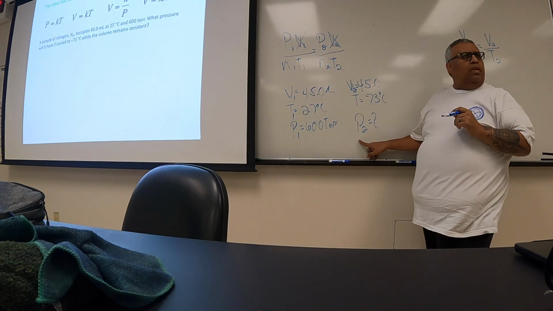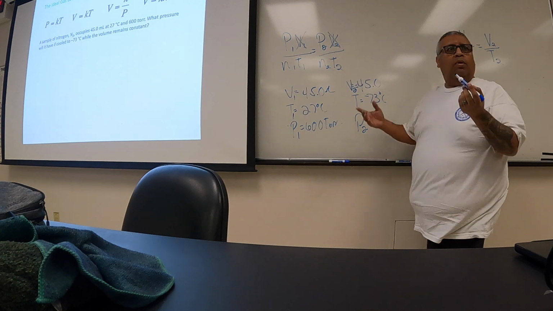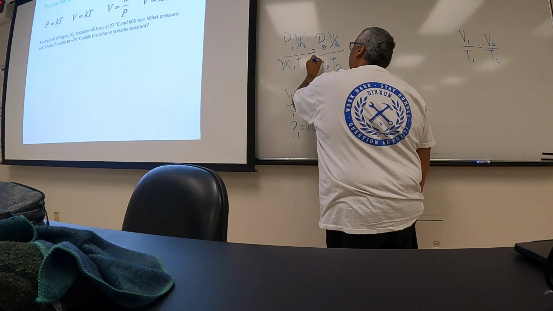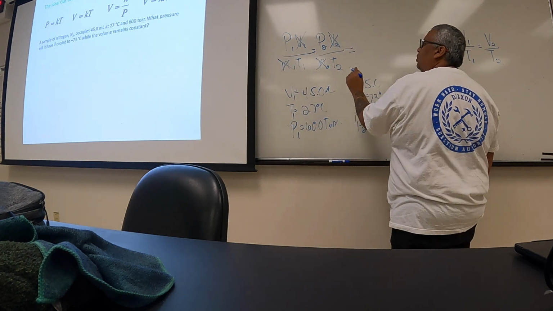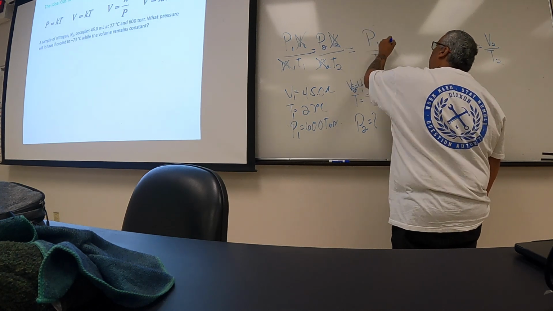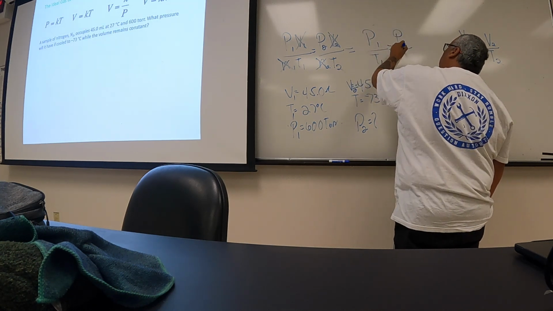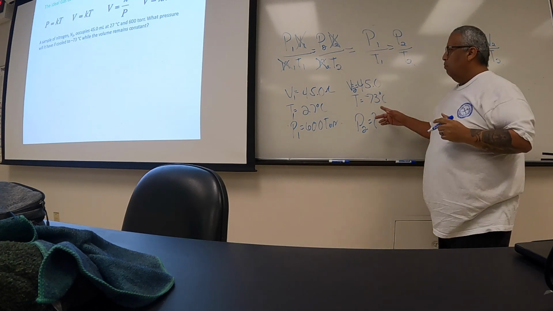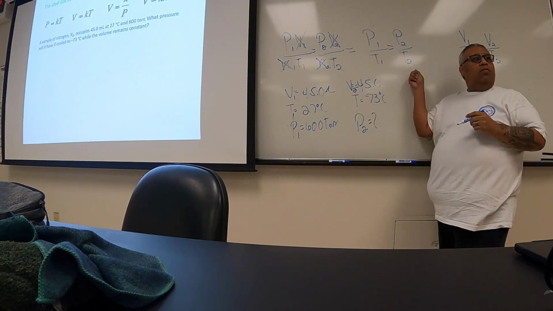It doesn't talk about the number of moles changing, so I guess that's consistent too. And our new formula to solve this is going to be P1 over T1 equals P2 over T2. And we have all the information we need in order to solve that.